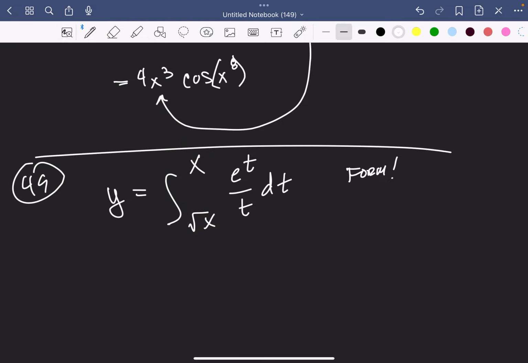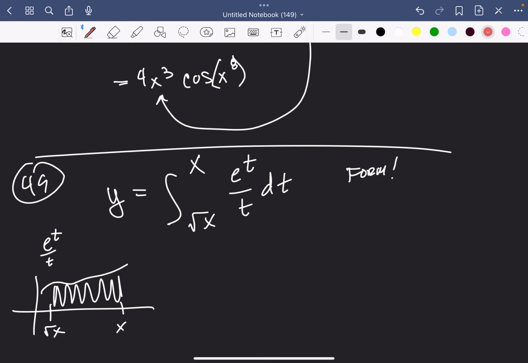So in my mind, I see this curve, e to the t over t, and maybe it looks like this. And I'm wanting to find the area from the square root of x to x. I want to find all that area. What I'm going to do is just pick some number in between square root of x and x. Let's call it a. And I'm going to use it to break up that integral into two separate pieces.